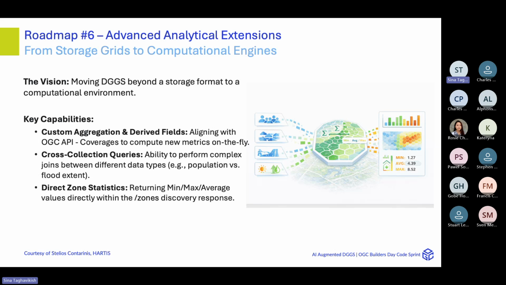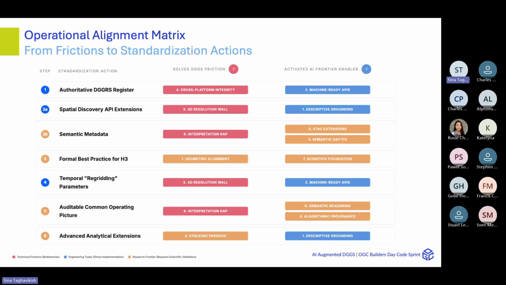I think it's use case based. Some of these topics we touched only on the surface, and some have to be done at a later time, like direct zone statistics, which would return min, max, and average on an area from the server, and cross collection queries, like aggregation. These are future work.